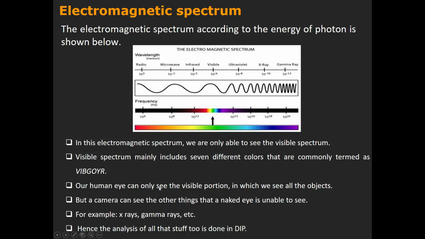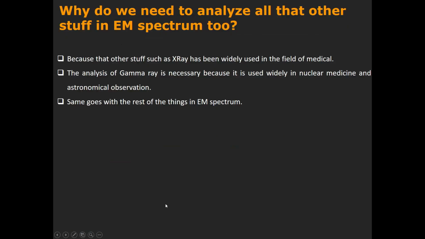Our human eye can only see the visible portion in which we see all the objects, but a camera can see the other things that the naked eye is unable to see. For example, a camera can be used to see X-rays, gamma rays or infrared. Hence the analysis of all that stuff is done in digital image processing.